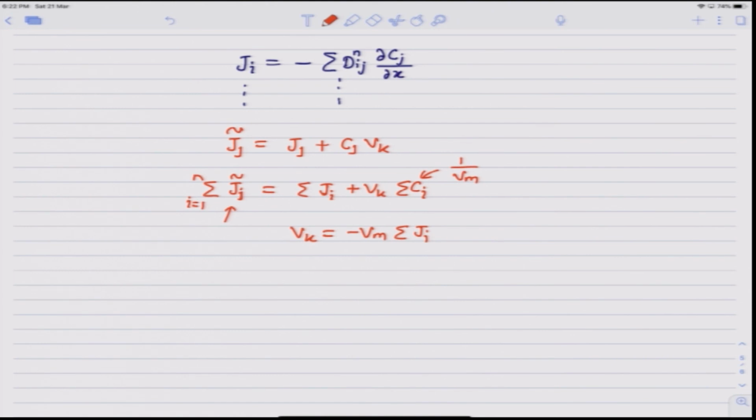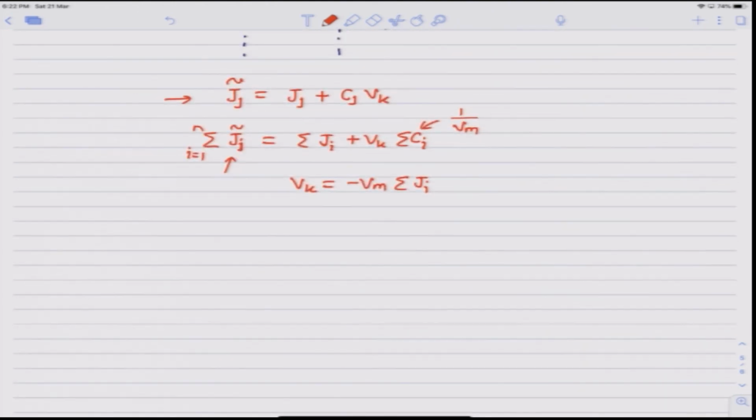If we substitute back into this equation here, we get J1 tilde equal to J1 minus C1 Vm times sigma Ji, i equal to 1 to n, which is nothing but, C1 times Vm is nothing but the mole fraction x1.